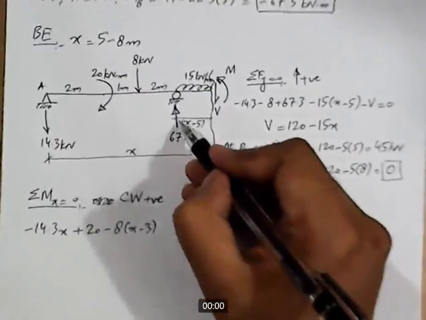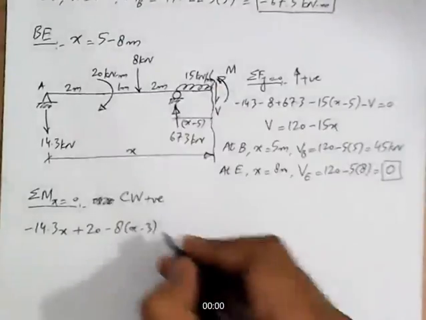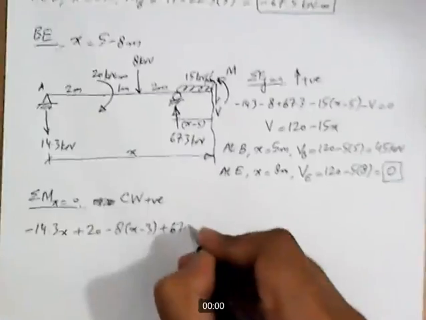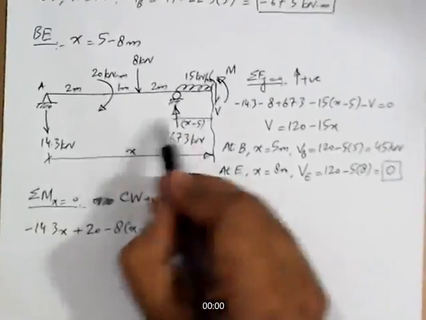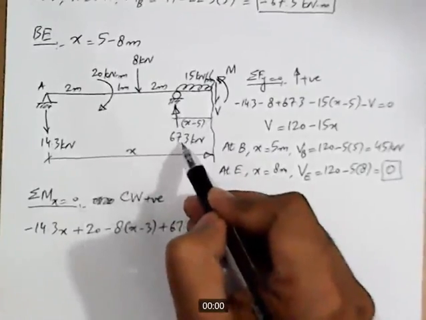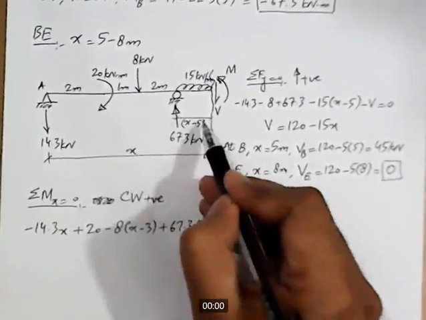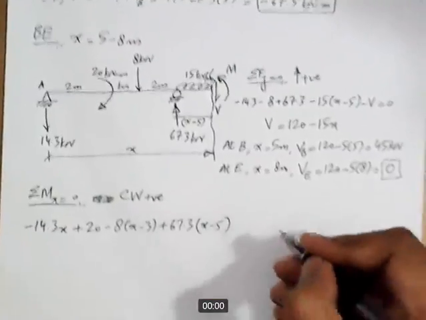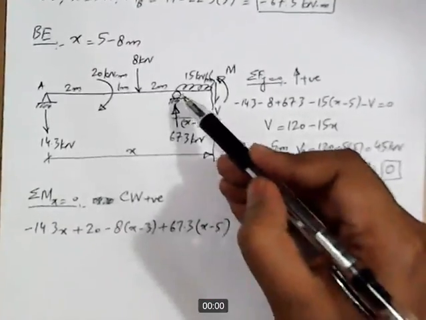And then we have this reaction, it will produce clockwise movement, so positive 67.3, and how much is this distance? 67.3 into this distance, x minus 5. Now what else is left? This UDL.